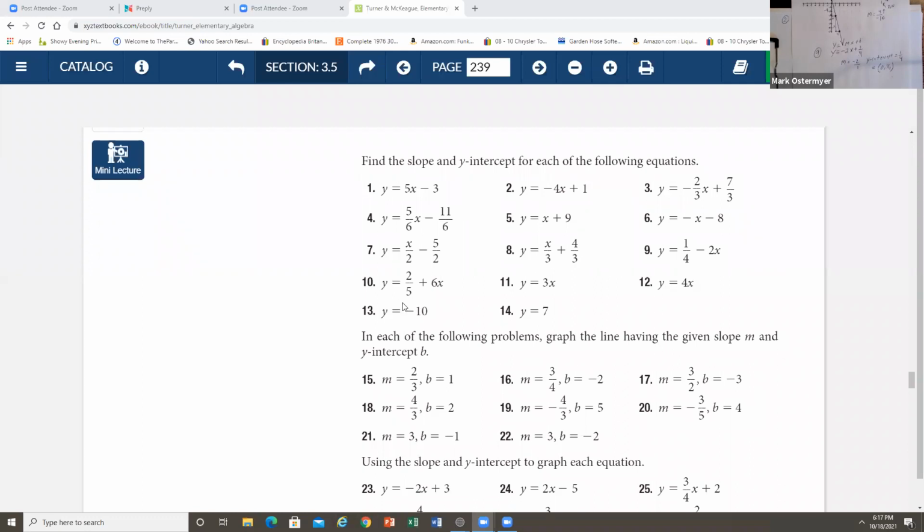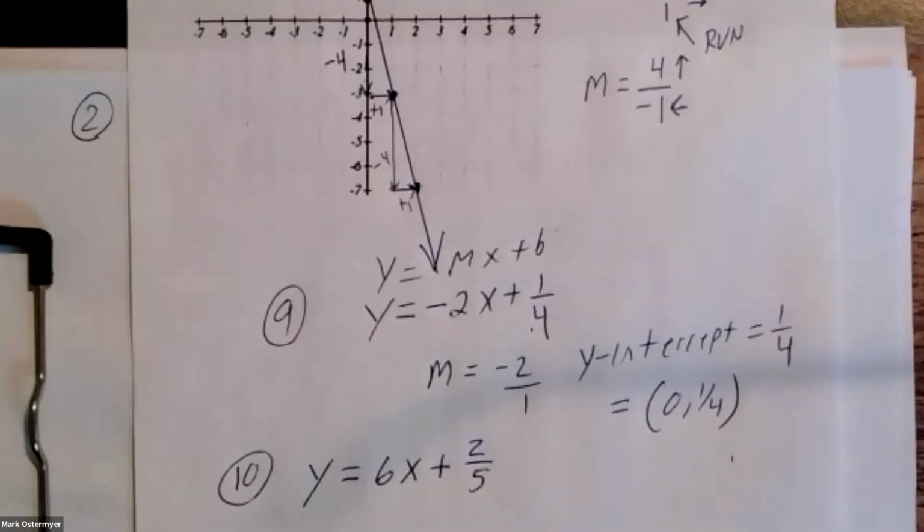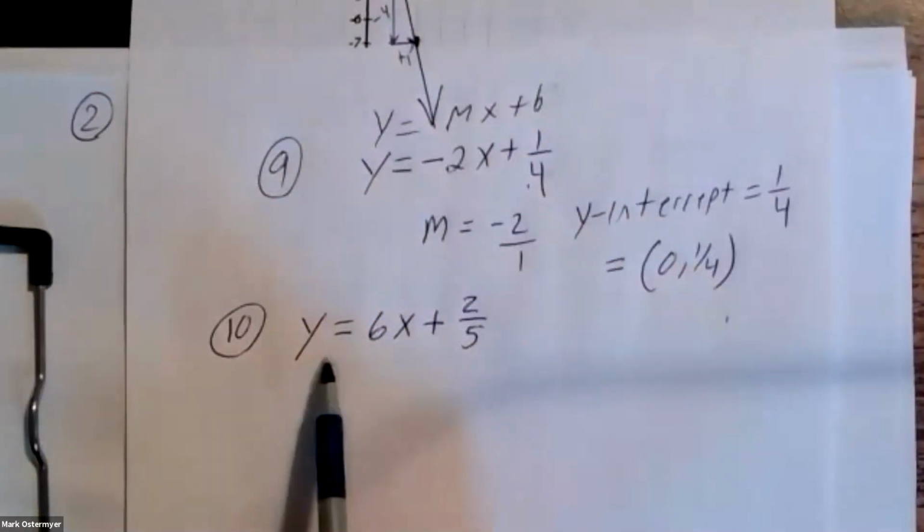Number 10, if you rewrite that equation in slope-intercept form, how would it be written? Y should be equal to what? 6x. 6x plus what? 2/5. Now, if we spin these terms around to put that equation in slope-intercept form, number 10 should be written this way.